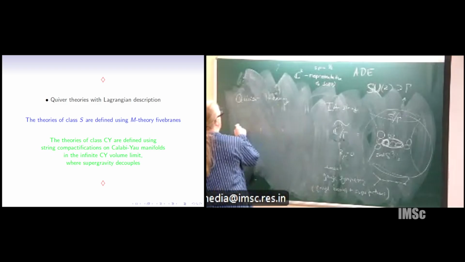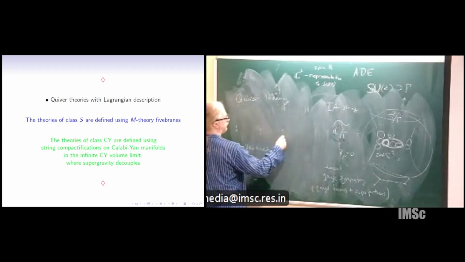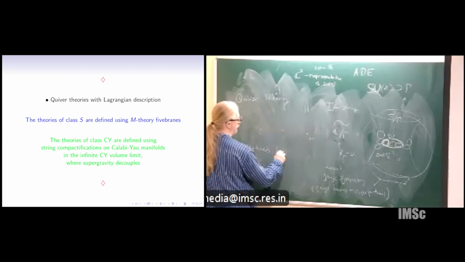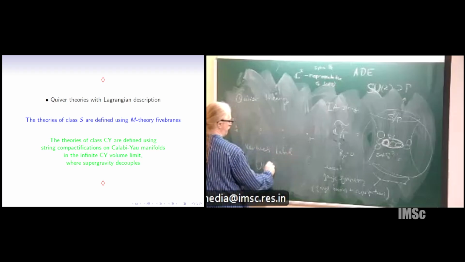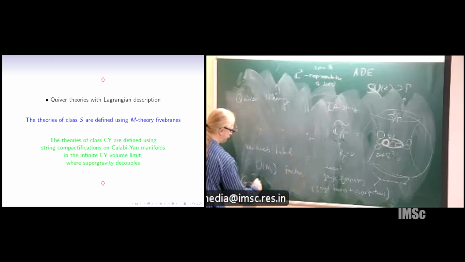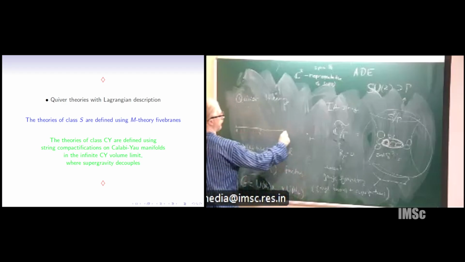The vertices label factors in the gauge group. The edges indicate that there are matter fields which are charged under these factors.